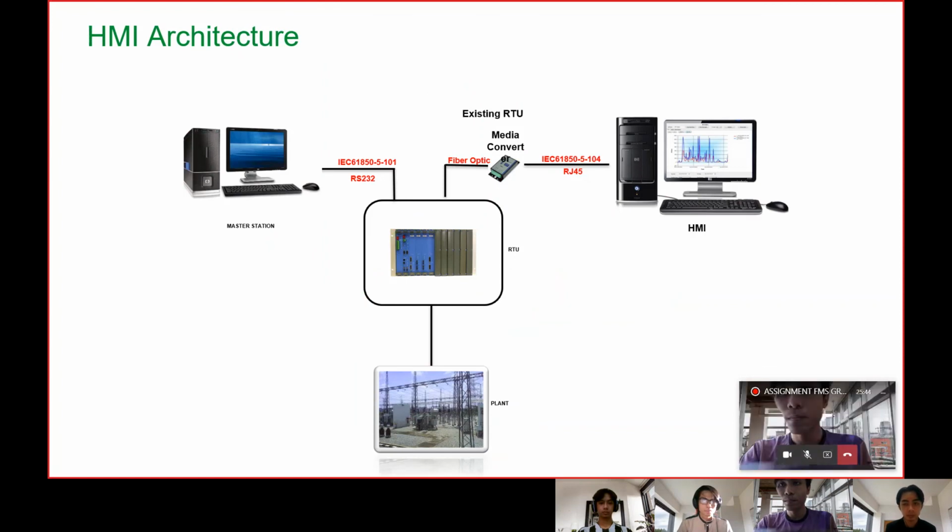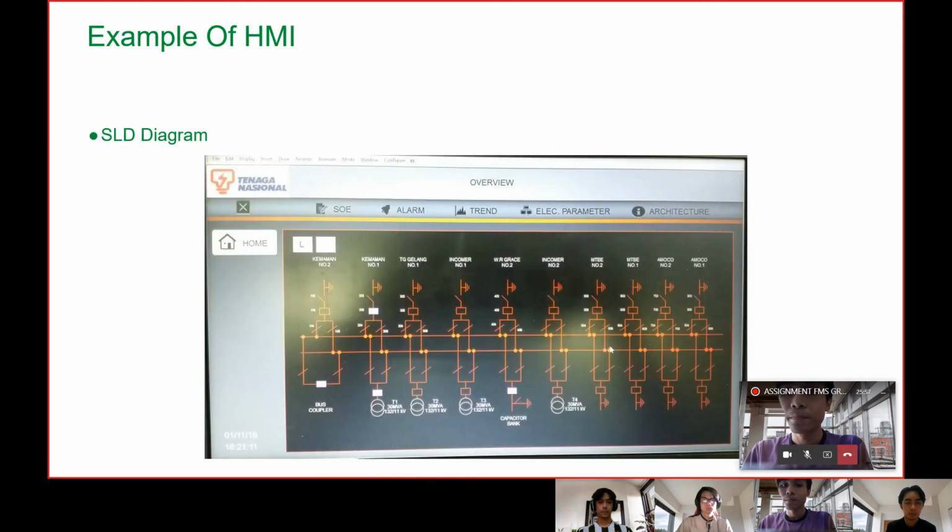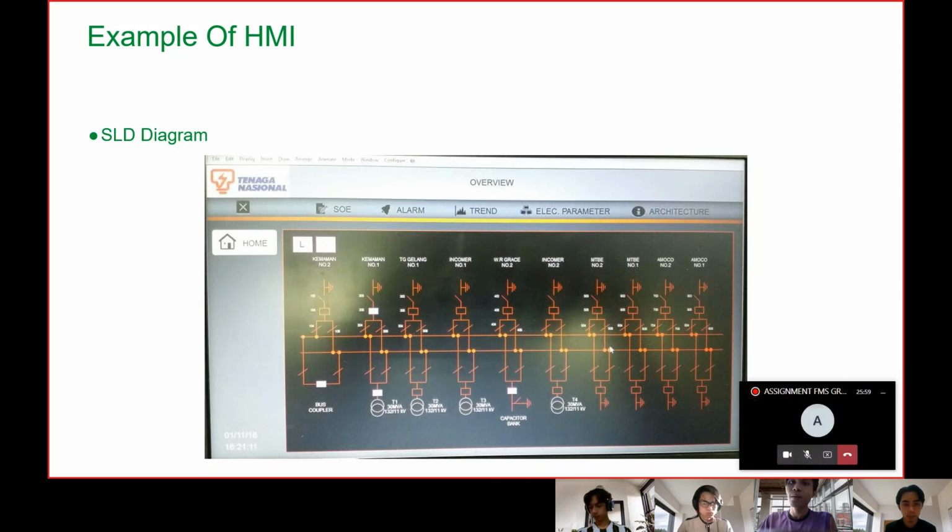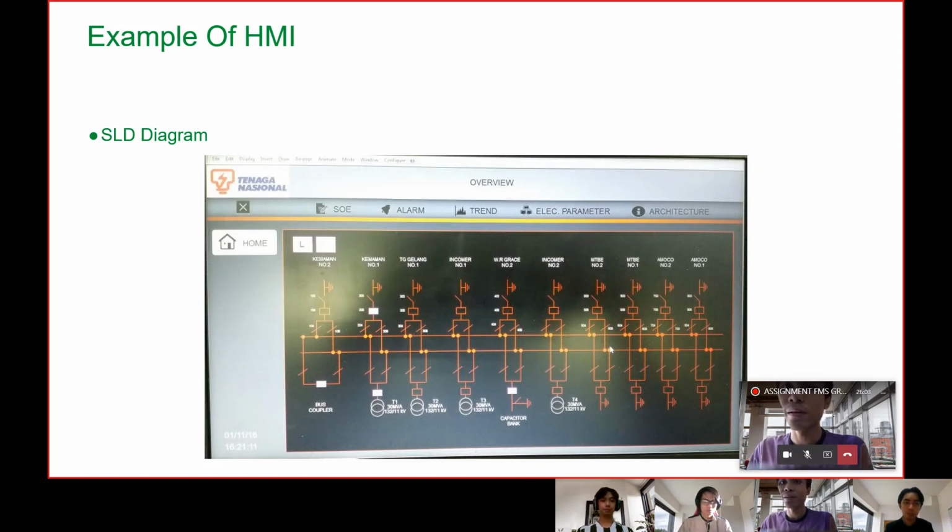Okay, this one is for the HMI architecture. This one is the master support, going to R&D and then going to plan or HMI. Next. Okay, this one is an example HMI SLD diagram by Tenaga Nasional Berhad.